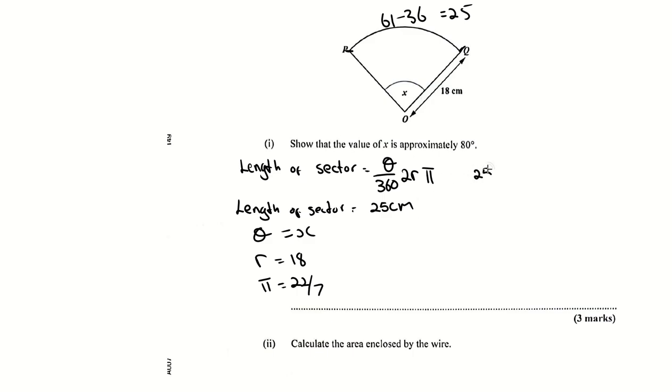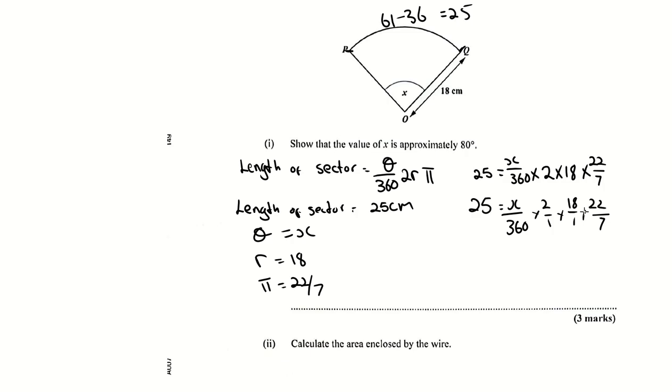So we know that 25 is equal to x over 360 multiplied by 2 multiplied by 18 multiplied by 22 over 7. So let's first multiply what we can multiply. That's 25 is equal to x over 360 multiplied by 2 over 1 multiplied by 18 over 1 multiplied by 22 over 7.